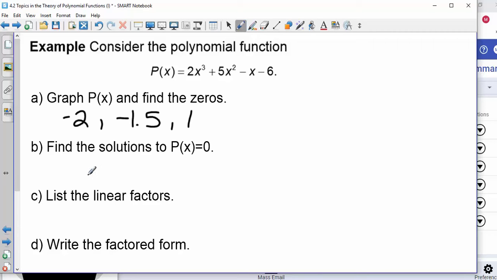If I asked you to find the solutions to p of x equals 0, what does that mean? I'm asking when the y is 0. Finding the solutions, I'm asking you to find the x values that make y equal 0. Plugging 0?